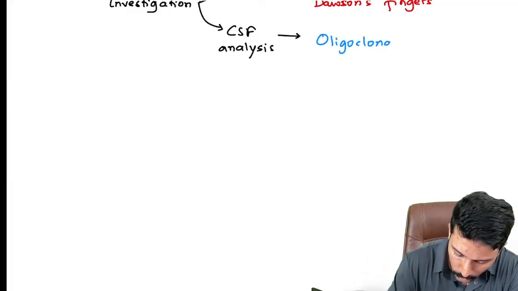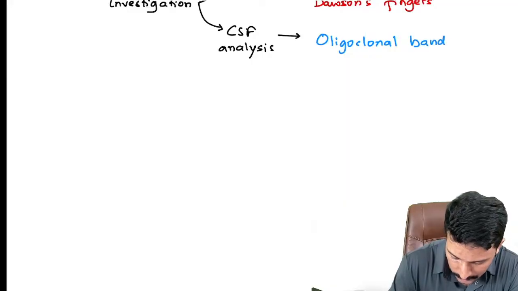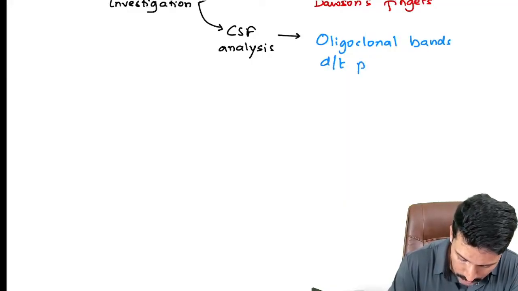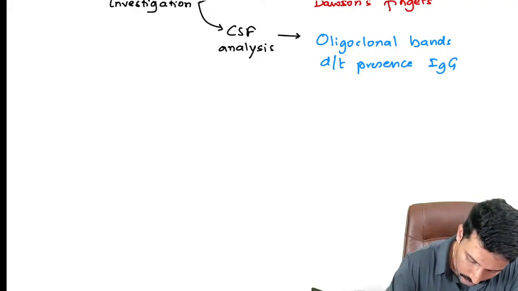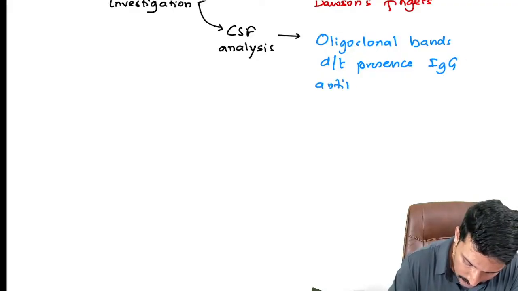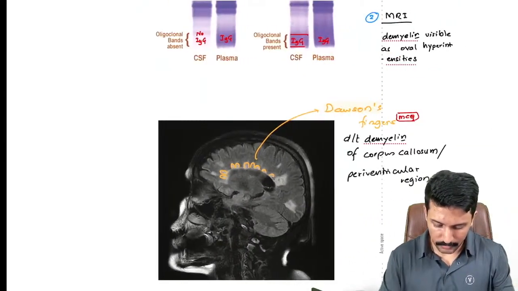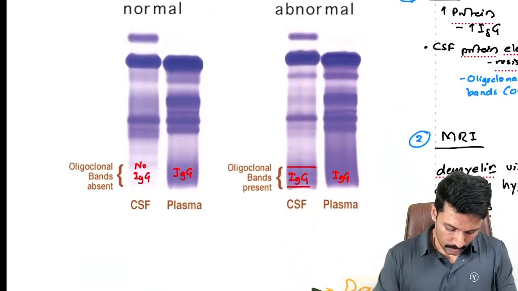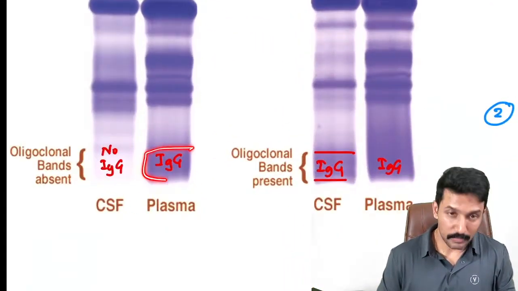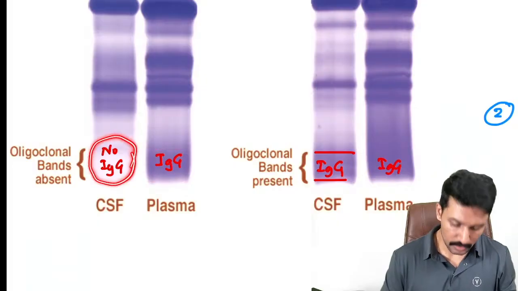These are called oligoclonal bands due to the presence of IgG antibodies in the CSF. Remember the workbook, we have this classical picture. Normal plasma has IgG, but normal CSF has no IgG.